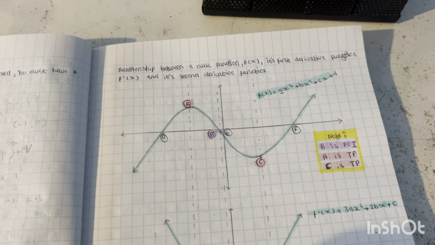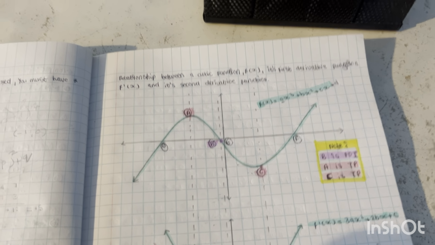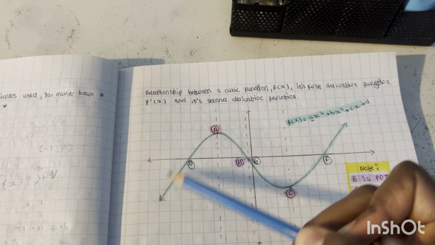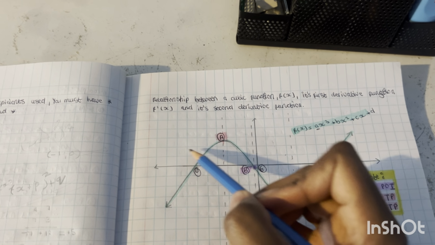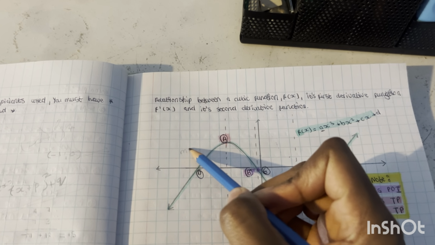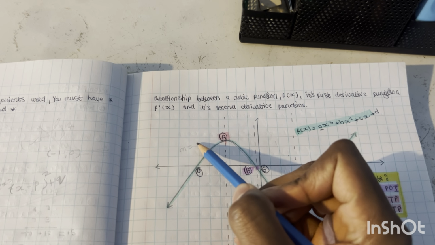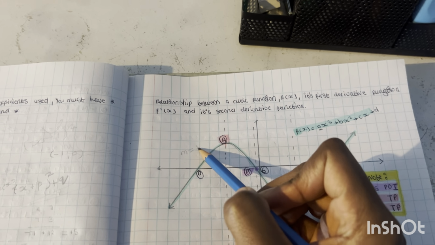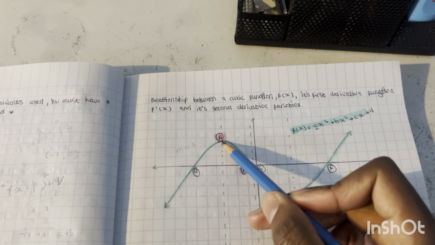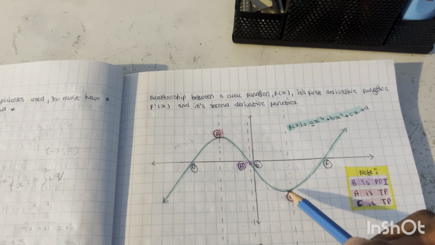But what does this imply? Let me ask you a question. Now just answer to yourself, you can pause the video. The graph is increasing, which means the gradient is what? The gradient is positive. From here to here, the graph is decreasing, which means the gradient is what?